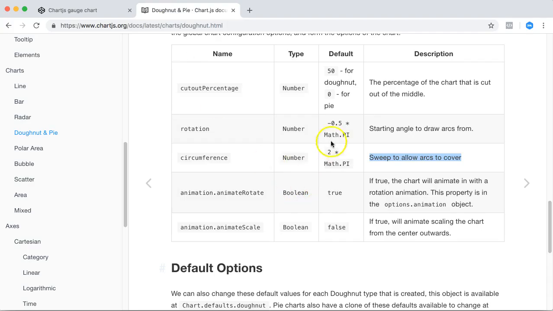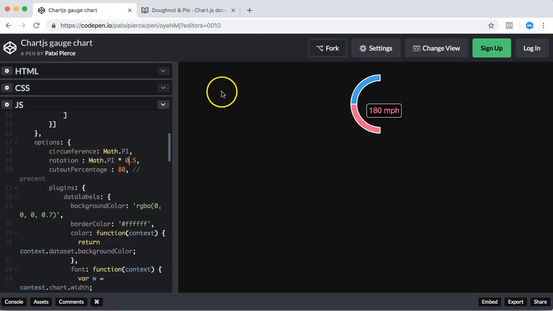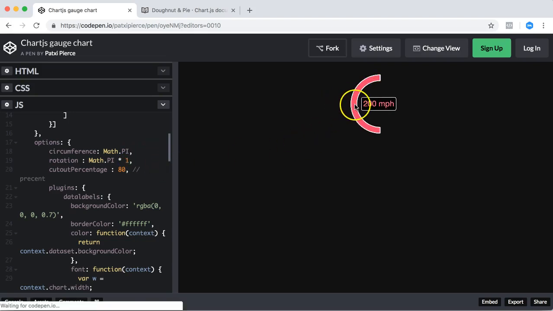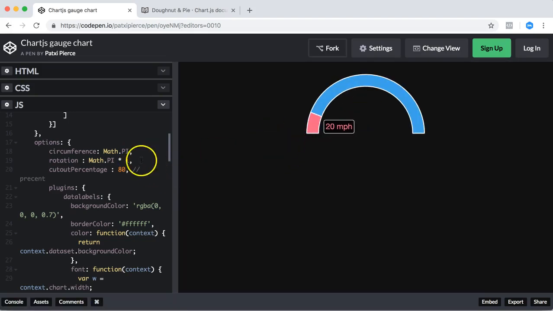So I'm getting slightly confused. It was minus 0.5, and if it's 0.5, it moves the other way. But if you do 1, it means that it will start at the very left of this, like what we did here, or you just remove this because by default this formula equals 1. Here you are.